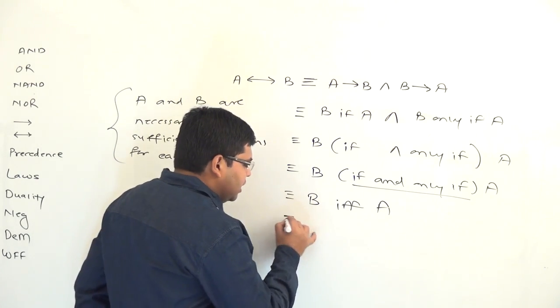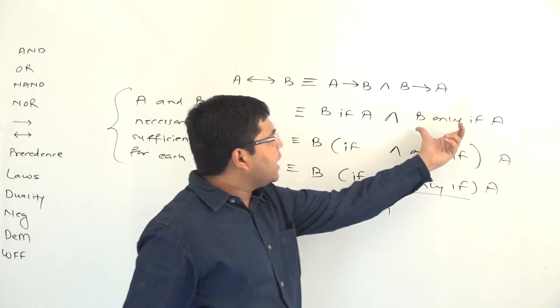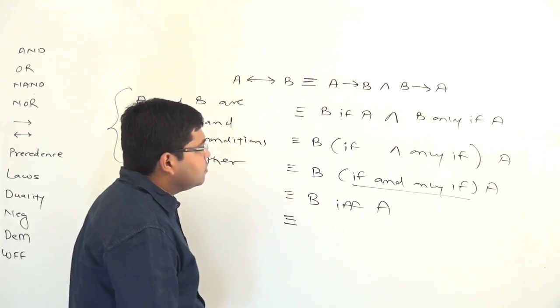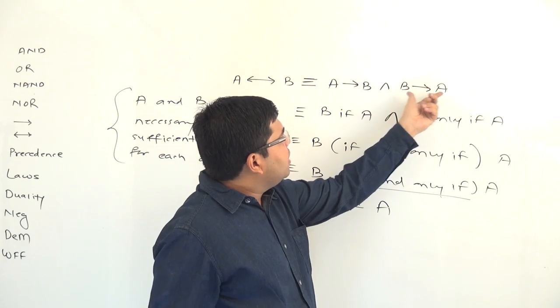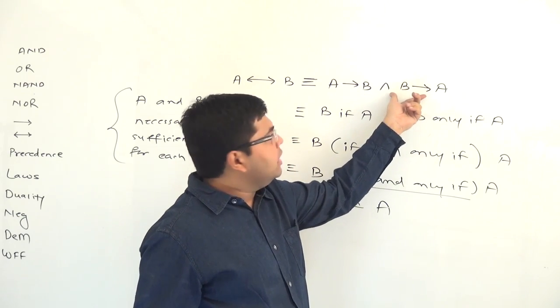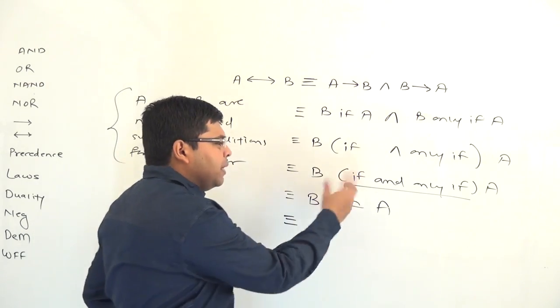And similarly, if I change the sides, here I can write A if B, and here I can write A only if B, and therefore in a similar way you can combine.